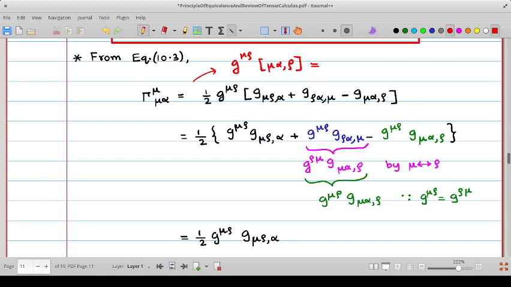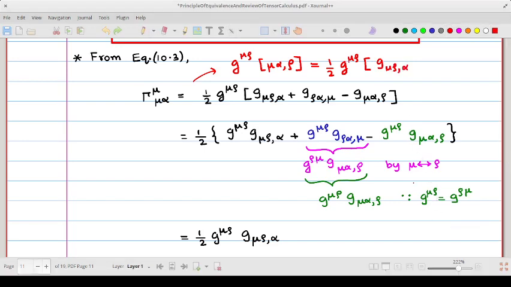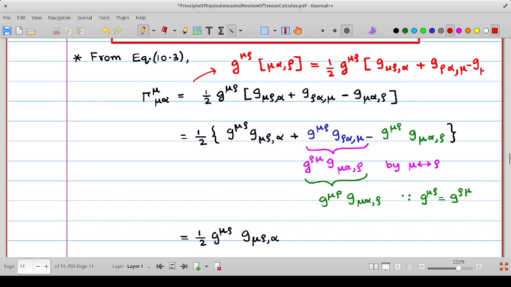Now writing the expression for the Christoffel symbol of the first kind, we have half g^{μρ} times g_{μρ,α} plus g_{ρα,μ} minus g_{μα,ρ}.